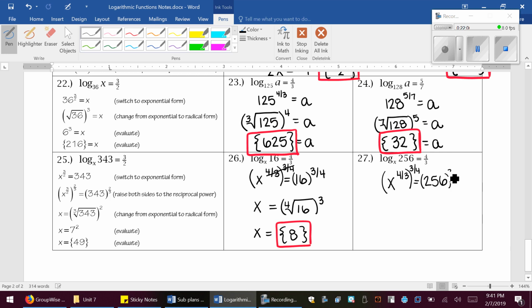So you raise it to the reciprocal power, which is 3/4. Now that the base is a number, we can take the 4th root of 256 and cube it. The 4th root of 256 is 4. 4 to the 3rd power is 64.